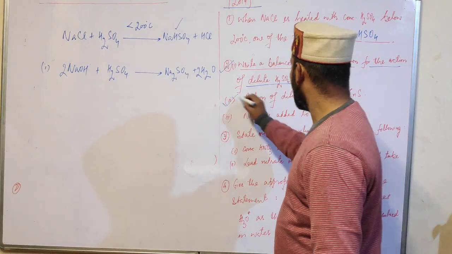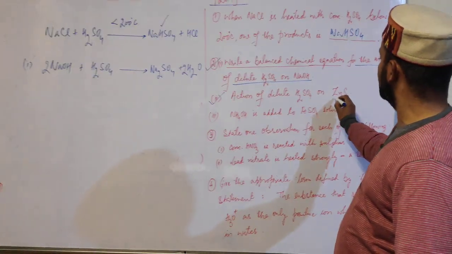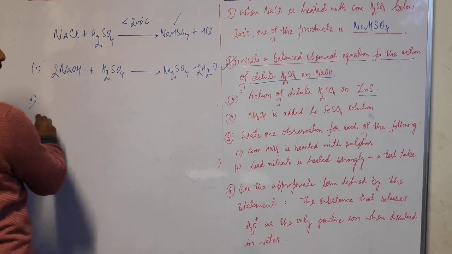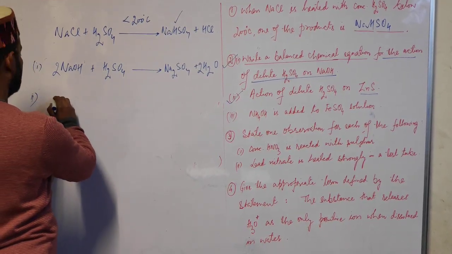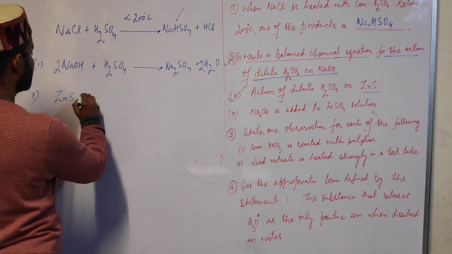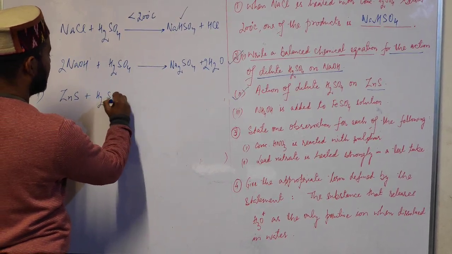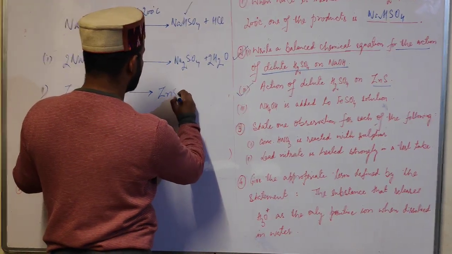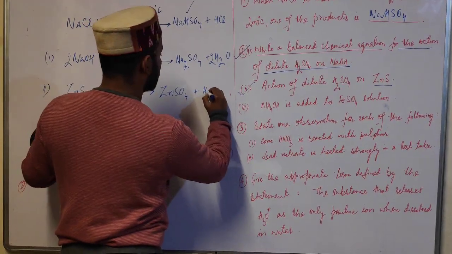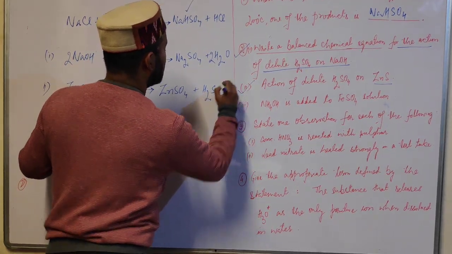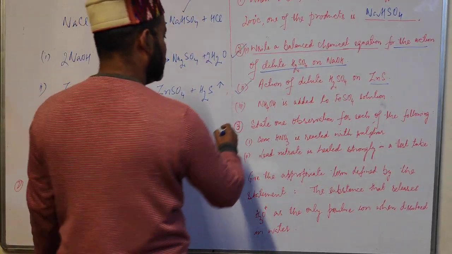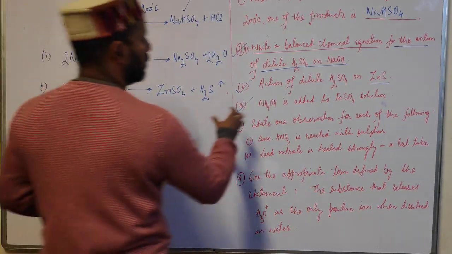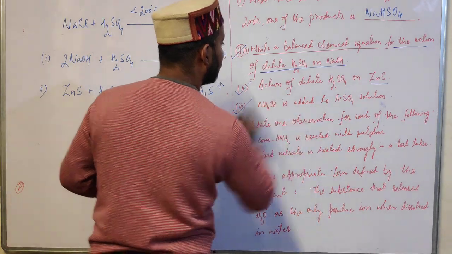Now second was action of dilute sulfuric acid on zinc sulfide. Now students, this we have studied: metal sulfides react with dilute acid to give salt, zinc sulfate, and then a rotten egg like smell, H2S, is liberated. Then we have the third part. We have to write a balanced equation for when ammonium hydroxide is added to ferrous sulfate.